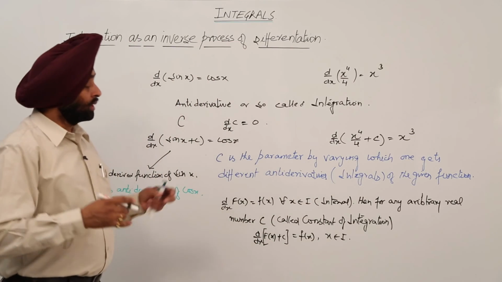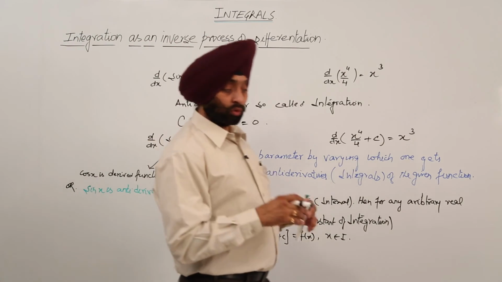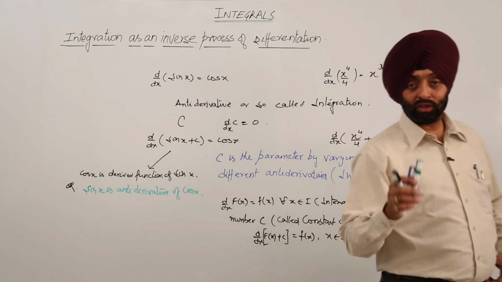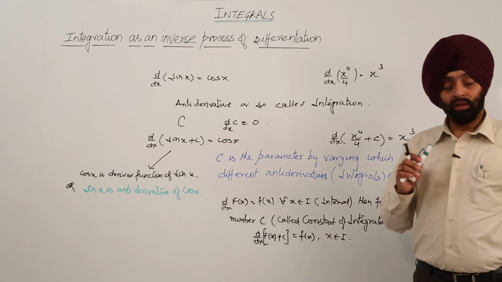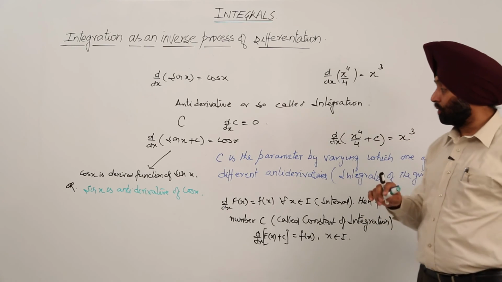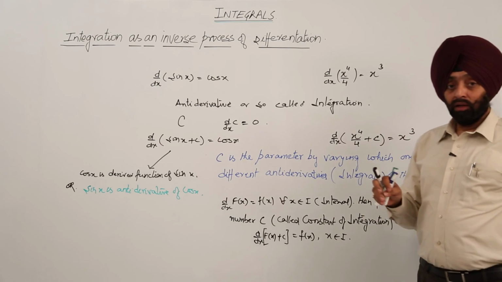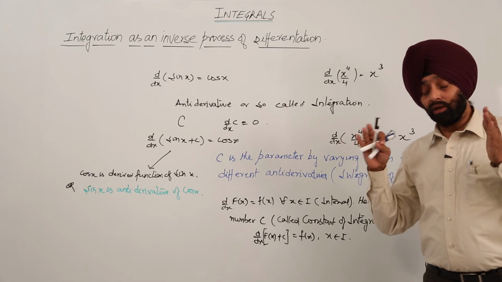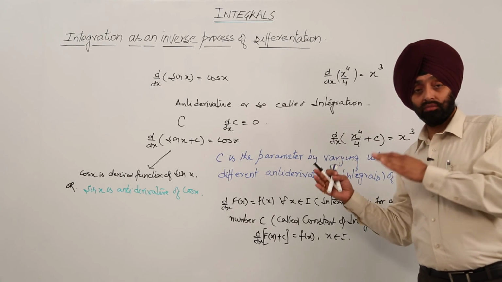Now basically what we want to show is that when a function is differentiated, we add a constant c to it, and that will be the antiderivative of the result.